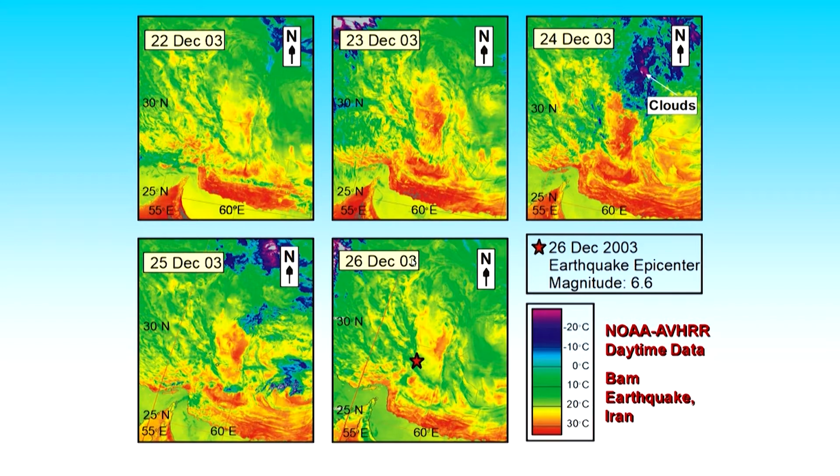The earthquake occurred on 26 December 2003, and temperature started rising from 22nd December onward, and on 24th December it reached the maximum, as you can see here. Of course, some clouds were also detected nonetheless.